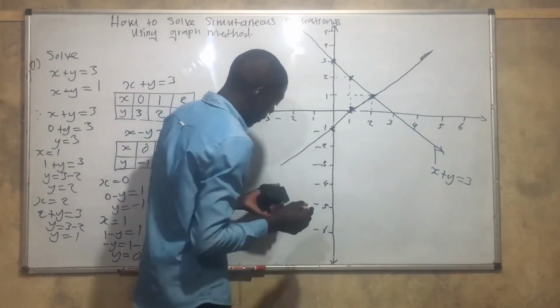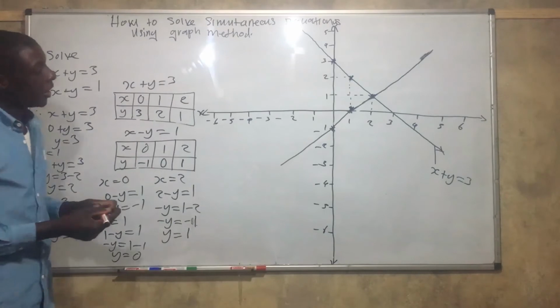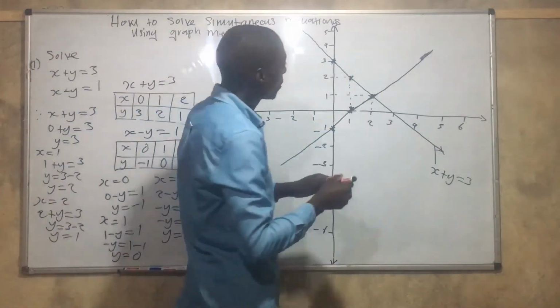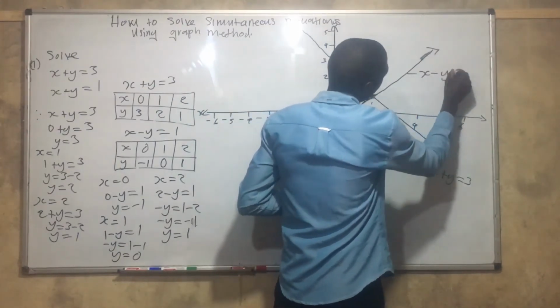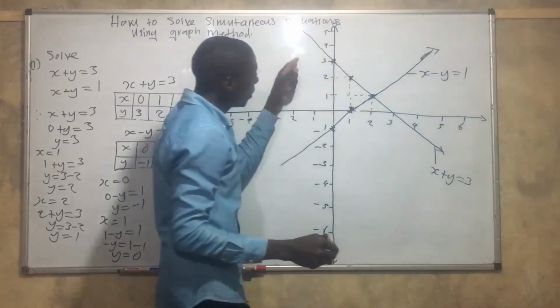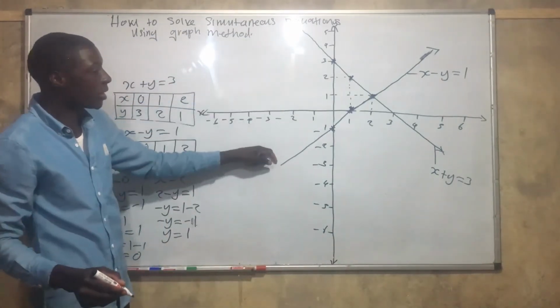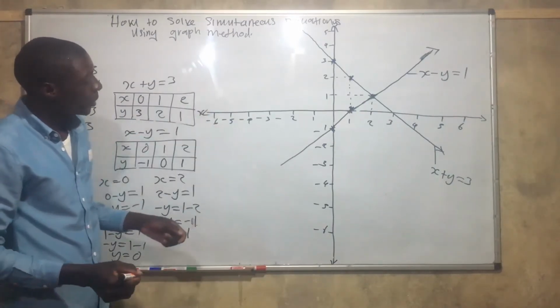So it is there. So now how do we find the values of x and y? Where these two equations are meeting, because this is x minus y is equal to 1. Where these 2 lines are meeting, that's where we're going to get the coordinates or the solution.